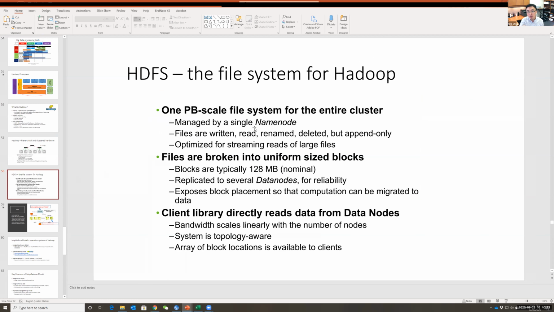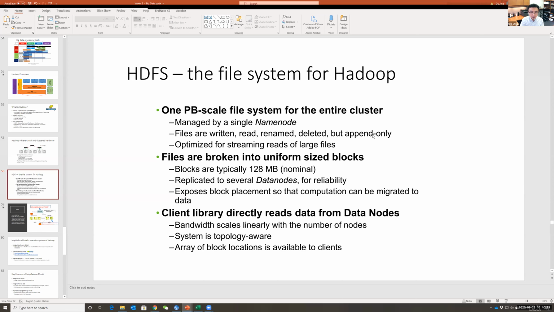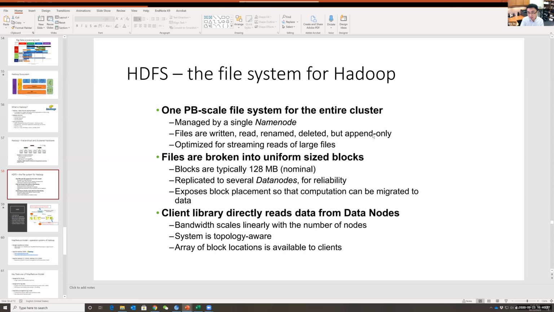So files can be written, read, renamed, deleted, but append only. What is append only? Basically when you make a change to your database, let's say I change my username or my password or my profile information on Facebook, for example, it actually never deletes your previous information. It just appends new information to the old information.